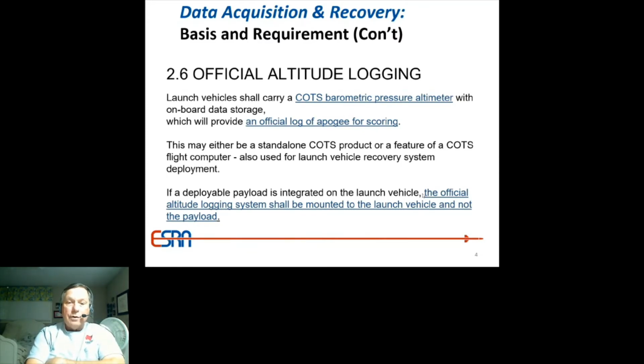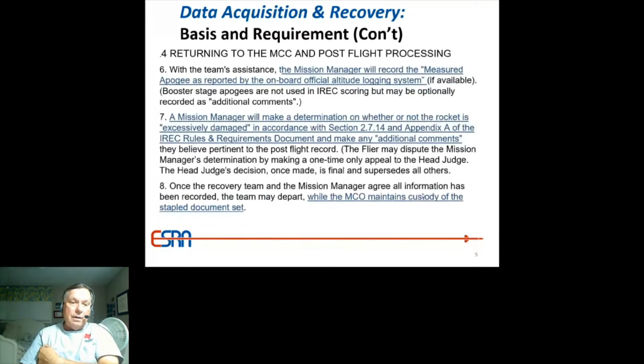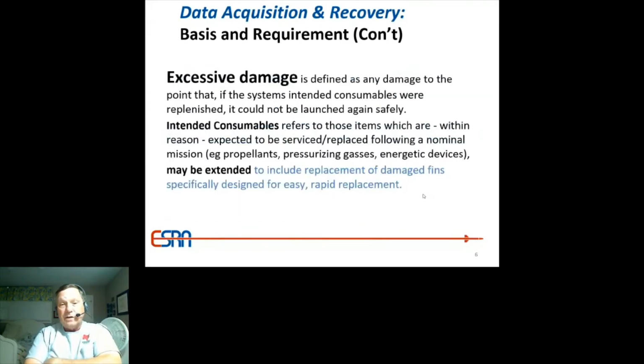The mission manager will make certain that the rocket is not excessively damaged. And here, the definition of excessively damaged, as we talked about, is any damage to the point that if the rocket flies again after you replenish all of the consumables, it will not do so safely.